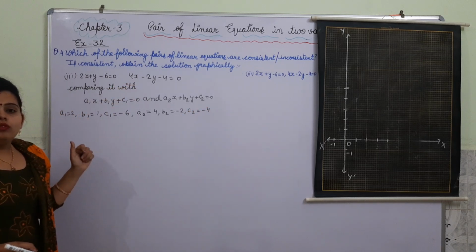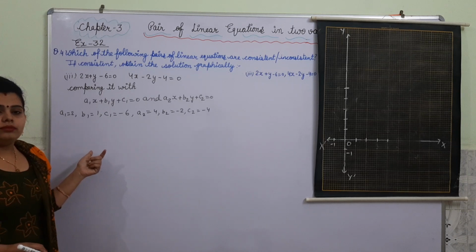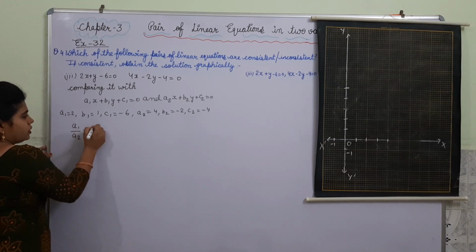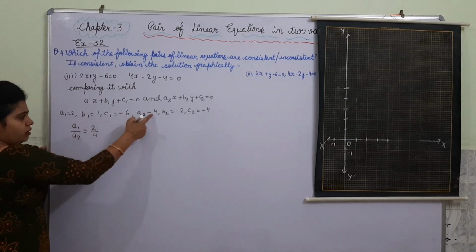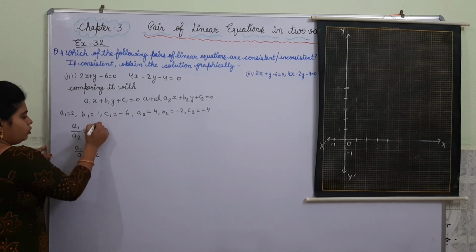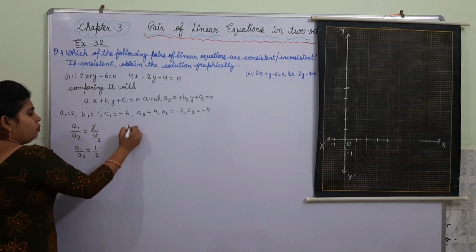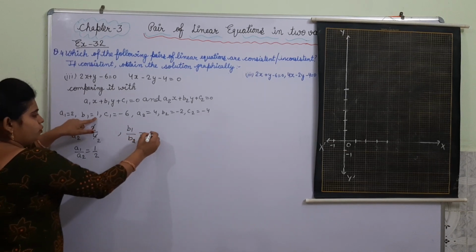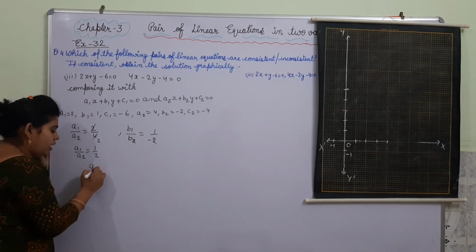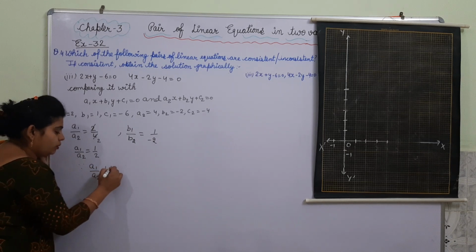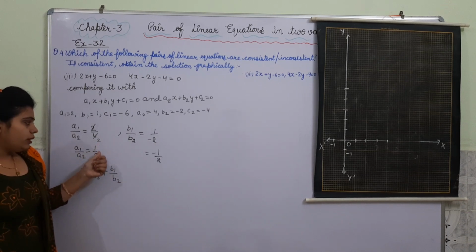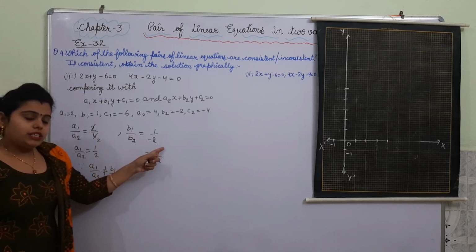Now we will find the ratios. a1 by a2 is 2 by 4, which is 1 by 2. Now b1 by b2: b1 is 1, b2 is minus 2. Because a1 by a2 is not equal to b1 by b2. Why are these not equal? Because a1 by a2 is equal to 1 by 2, and b1 by b2 is equal to minus 1 by 2.